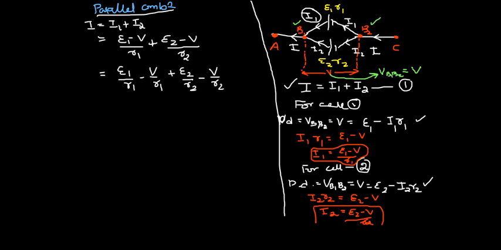Now, if you keenly observe this equation, we have the information about the EMF and the internal resistance. Therefore, I'll bring both these terms to one side, so the equation turns out to be E1 by R1 plus E2 by R2.